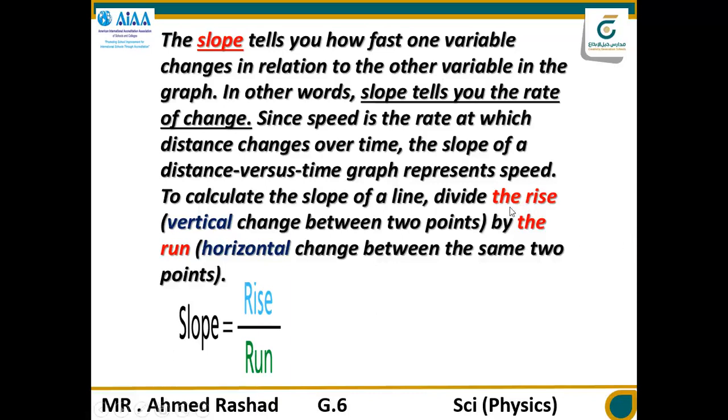So number one, the rise is the vertical change between 2 points. What's the meaning of this? We will explain it with the run. Run is the horizontal change between the same 2 points. How does this happen? This is a graph of motion with two variables, distance and time.